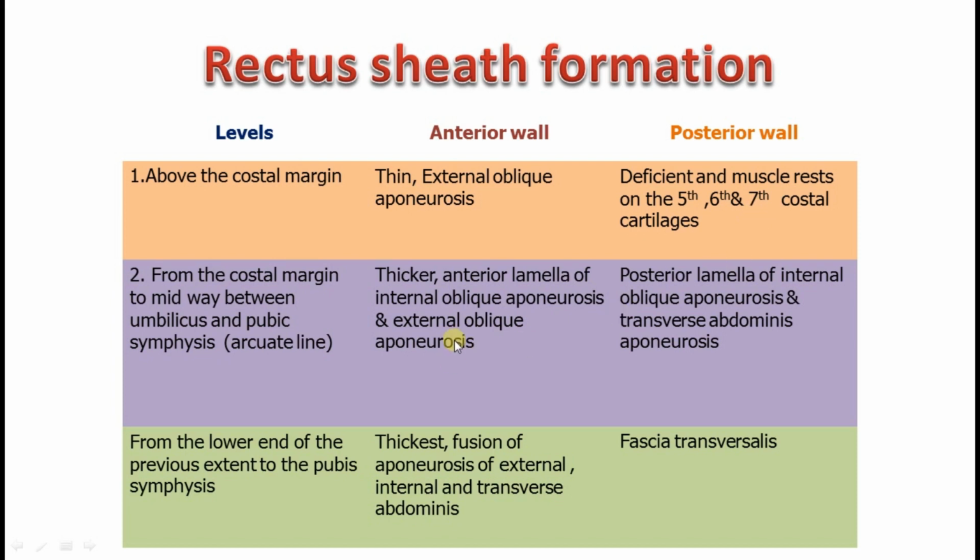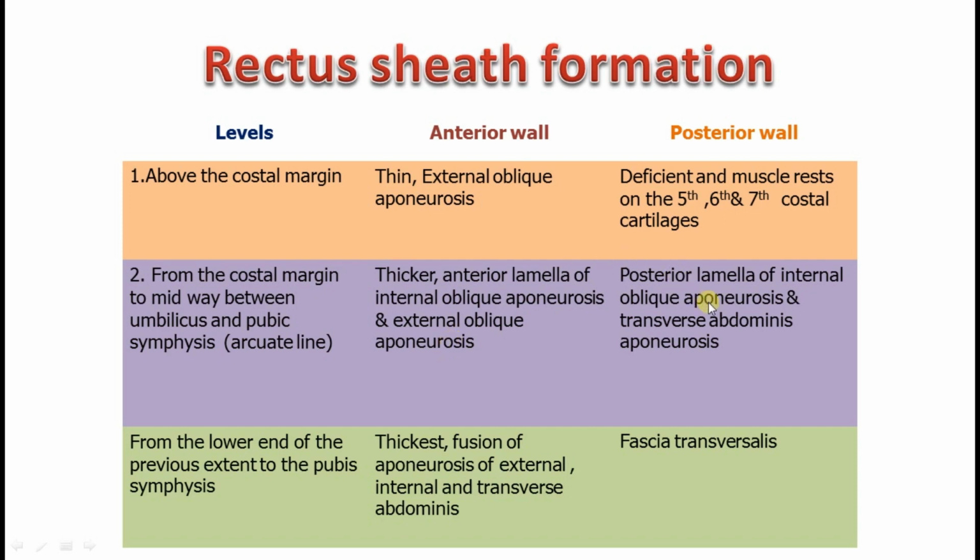Then below the costal margin to the arcuate line, midway between the umbilicus and the pubic symphysis, the anterior wall is mainly formed by the internal oblique aponeurosis, its anterior lamella. This internal oblique aponeurosis has split, and in front of the anterior lamella you have again the external oblique aponeurosis. Comparatively, the anterior wall is thick.